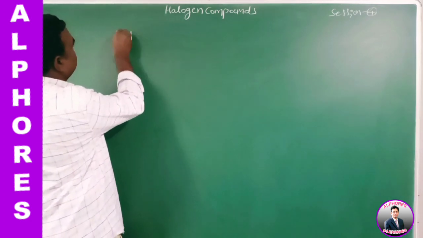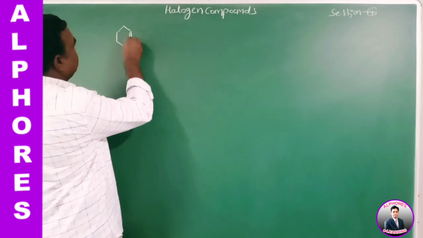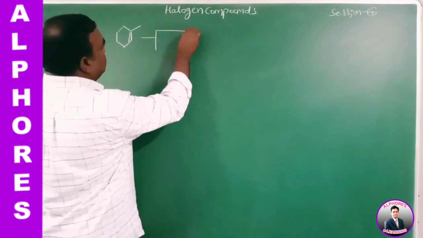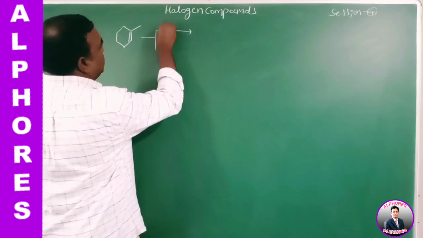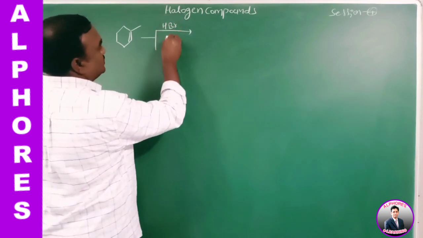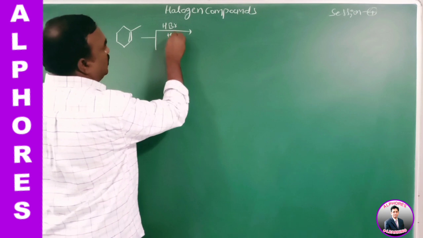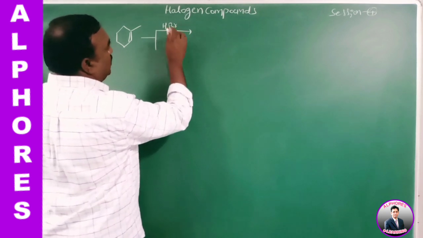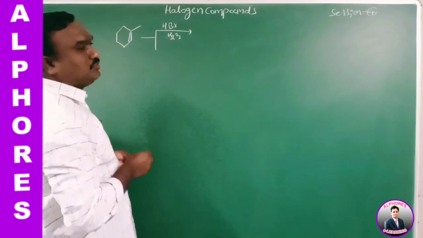A compound is given like this, which has a substitution. Here HBr is given with H2O2 or R2O2, hydrogen peroxide.